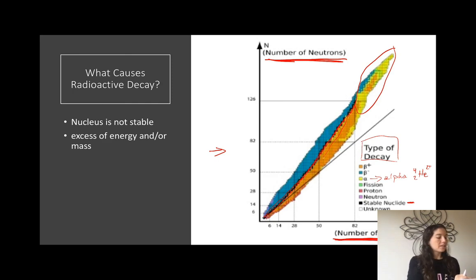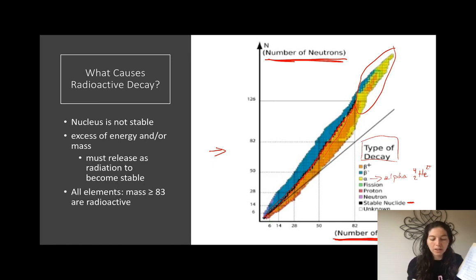That's our heavier elements. On our periodic table, elements that are 83 bismuth and heavier tend to undergo nuclear decay. All elements with atomic number greater than or equal to 83 are radioactive and can undergo radioactive decay.